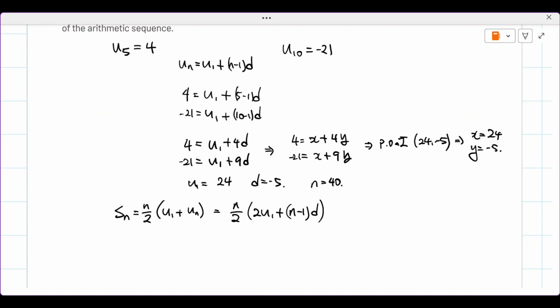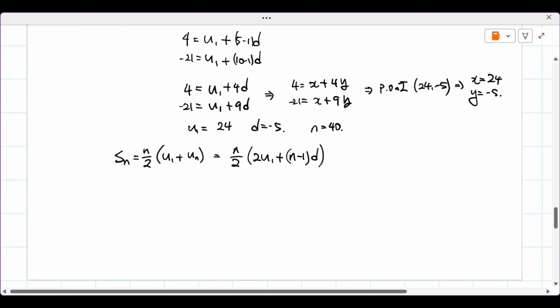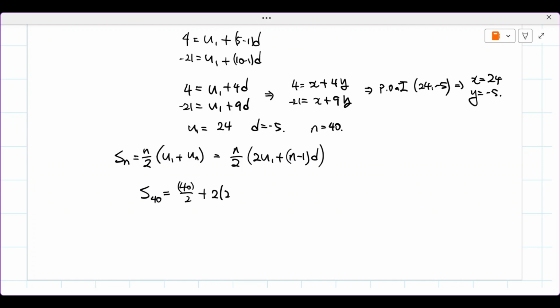I think it's going to be an easier, more efficient method if I use the second version of the formula because I do not have the un value handy right now. So let's find S40. S40 is going to be 40 over 2 times, open bracket, 2 times 24 plus 40 minus 1 times the common difference of negative 5. So let's put that into the calculator.